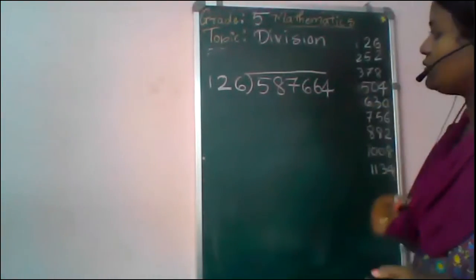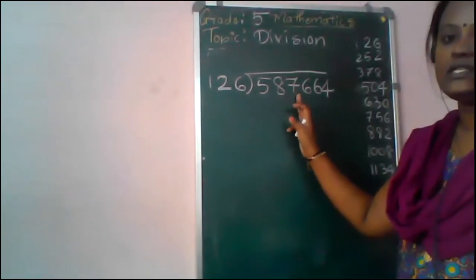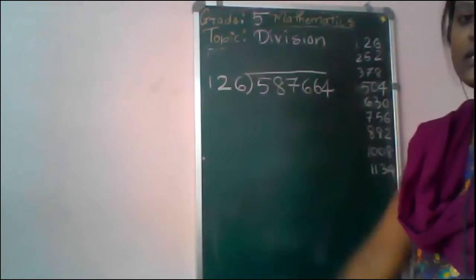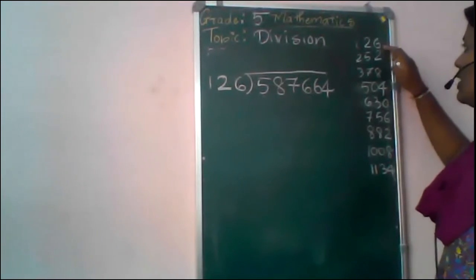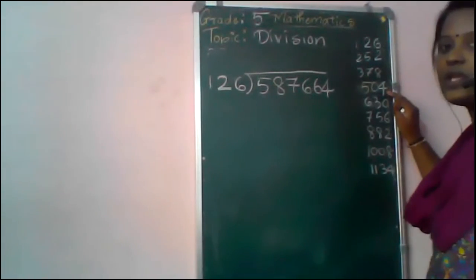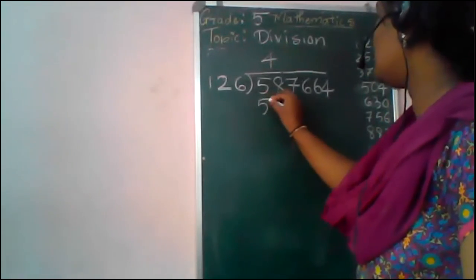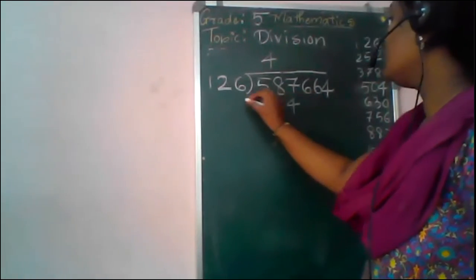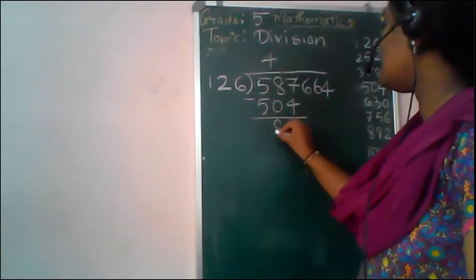So we continue with 587, 3 digit, which is larger than 126. So I can go ahead with the division. I will select 1, 2, 3, 4. So that is 126 fours are 504. We subtract. We have the remainder 3, 8.